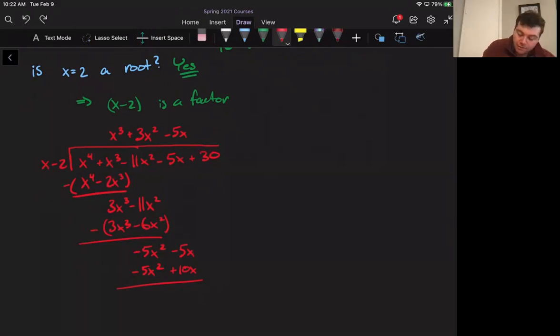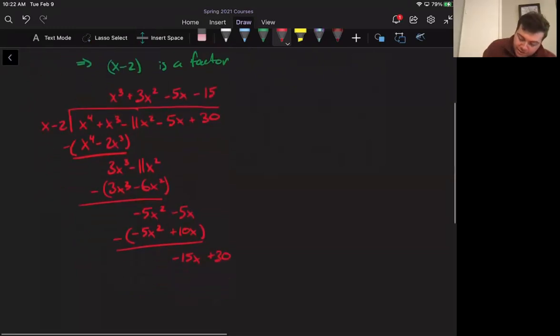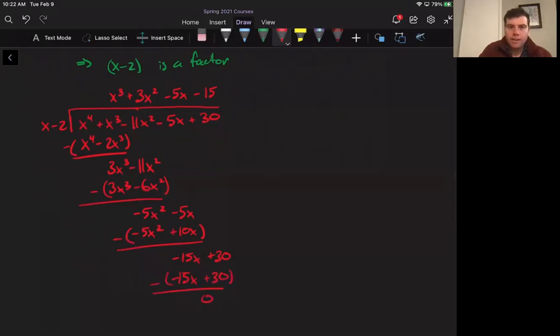We want to be careful and subtract this entire term. That gives us negative 15x plus 30. And then to match x to negative 15x, we need to add on a negative 15. So it's minus 15x plus 30. We subtract, and we get a remainder of 0, which is exactly what we wanted because this is a factor.